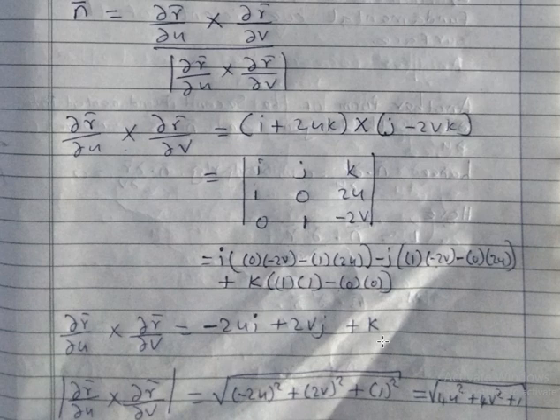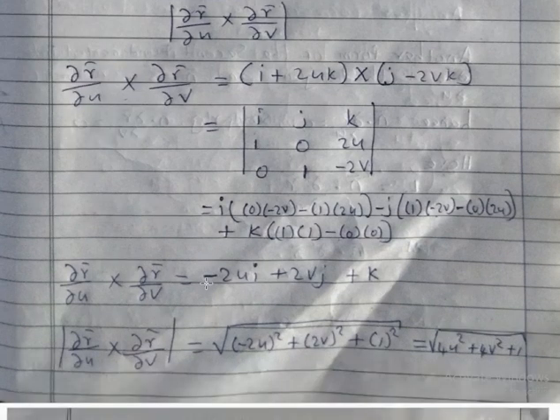Then now we find the modulus of this, and the modulus will be the square root of negative 2u squared plus 2v squared plus 1 squared, and this simplifies to the square root of 4u squared plus 4v squared plus 1.